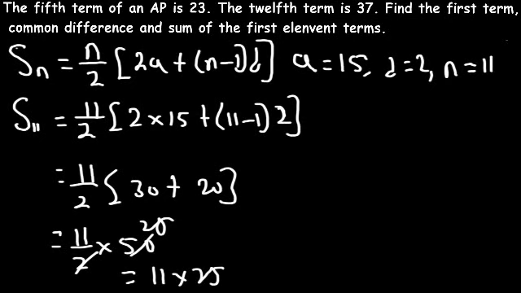That's 275. So S sub 11 is 275, and this is the final solution to this problem. Hopefully you're now getting familiar with how the sum of an AP works. Perfect. Let's go over more problems.